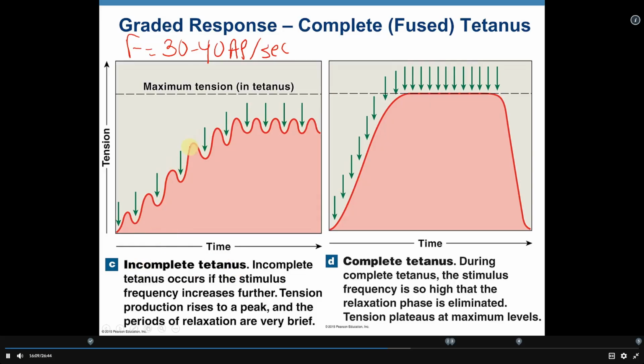So some motor units are being stimulated while the others are resting. And then when the ones which are being stimulated are done, they rest, and the ones that were resting, they contract. So it's almost like the motor units are taking turns. And what they call this is asynchronous contraction of motor units.